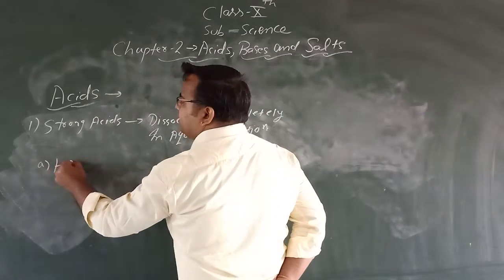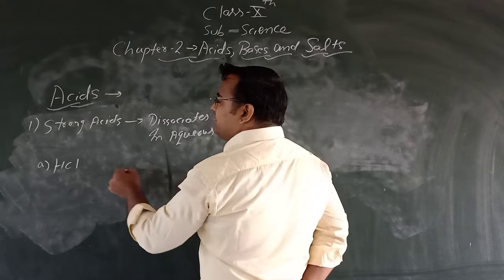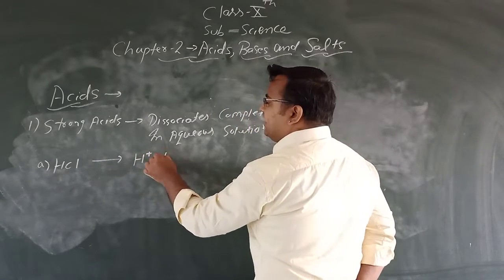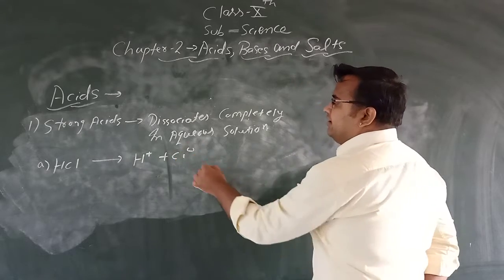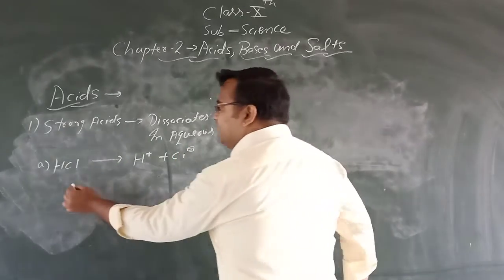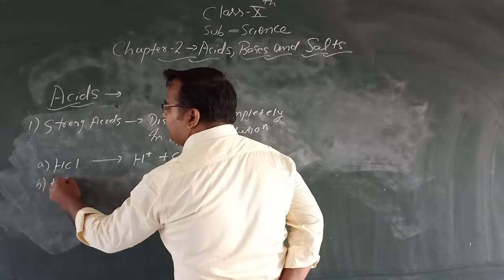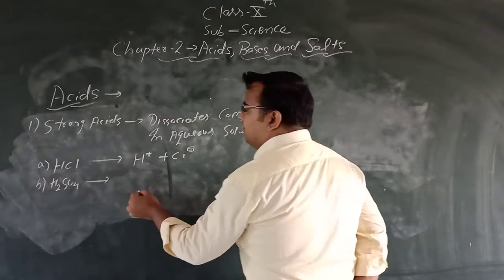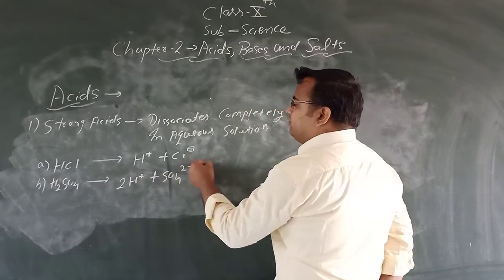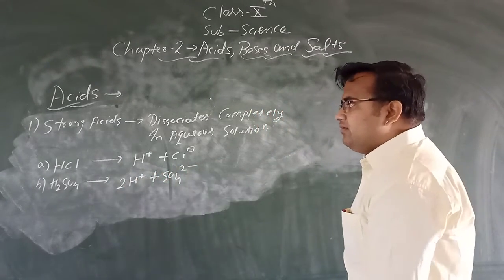Now, we can take examples of strong acids. First is hydrochloric acid. Hydrochloric acid dissociates completely into H plus and Cl minus. For example, sulfuric acid gives 2H plus and SO4 2 minus.